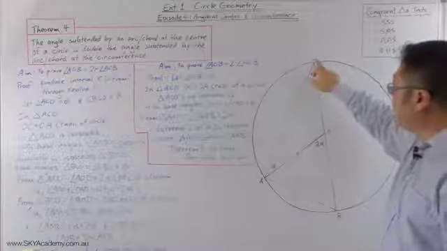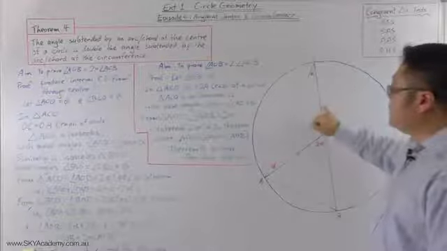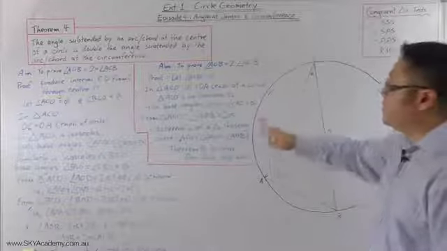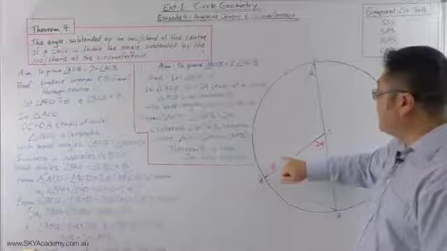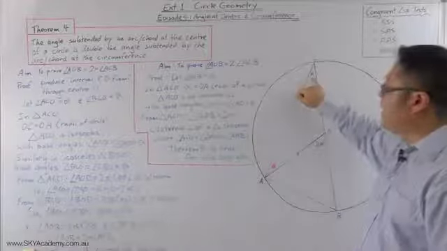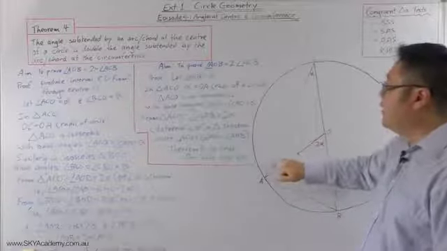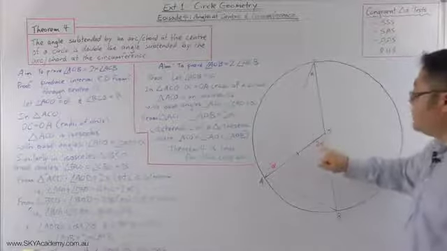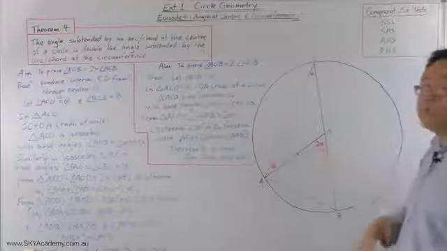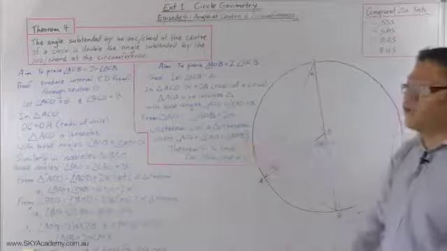And in triangle ACO there, because these two sides are equal, you've got an isosceles triangle with base angles ACO and CAO both equaling alpha. And from that triangle, you can also work out that AOB, the external angle, is going to be equal to 2 alpha because it's the sum of the two remote angles, which is what I've got there.